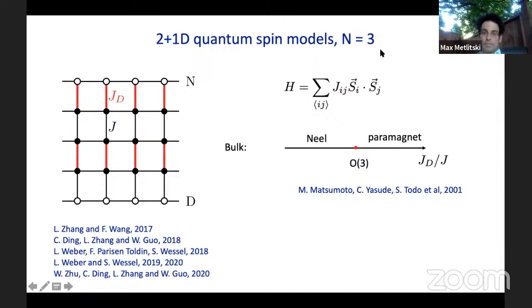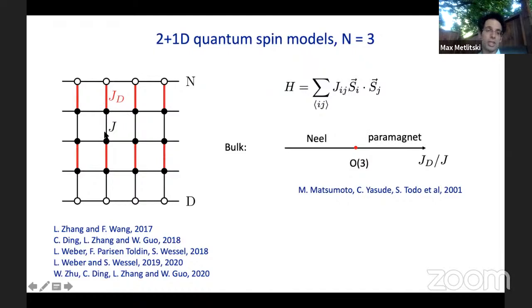So this model has been studied in the bulk a long time ago. What are the limits of the phase diagram? When the coupling on the red bonds is much stronger than the coupling on the black bonds, then the spins on the red bonds just lock into singlets, and we have a paramagnet.